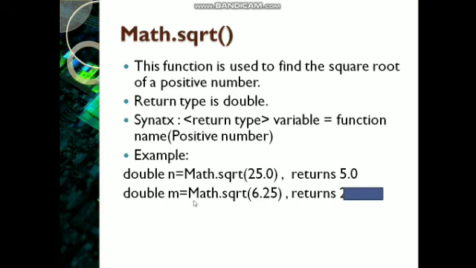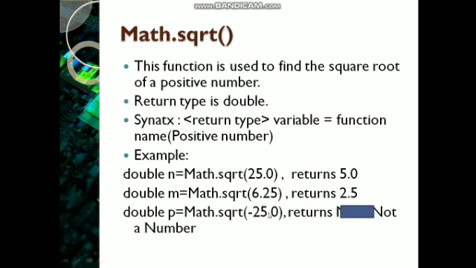Double m is equal to Math.sqrt of 6.25, and the square root of 6.25 is 2.5. And we'll see the next example. Double p is equal to Math.sqrt of minus 25.0. It returns NaN, which is not a number, because the value was a negative number.